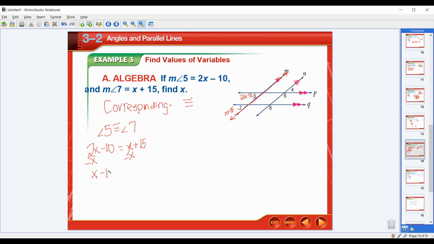So x minus 10 equals 15. And here we're going to add a 10 to both sides. So x equals 25. All right. Moving on to the next one.